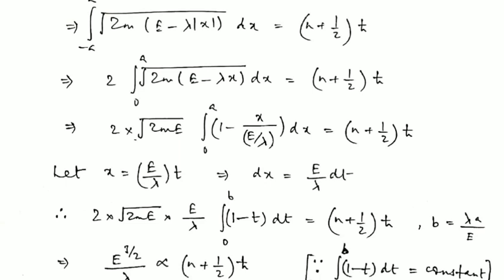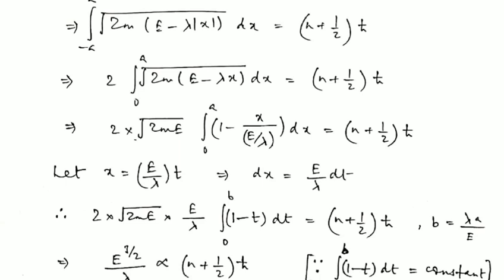Now what we do is take x is equal to E by lambda times t, where t is some other variable. Now this is the step in which we are non-dimensionalizing the integral. What we're doing is to extract out all the E dependence and the lambda dependence also.